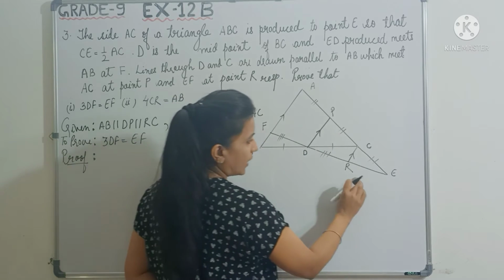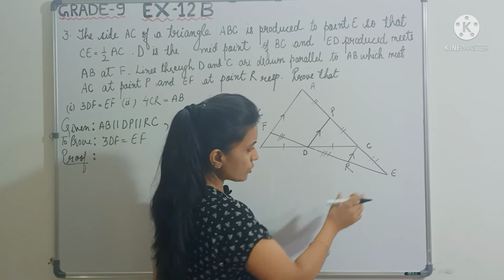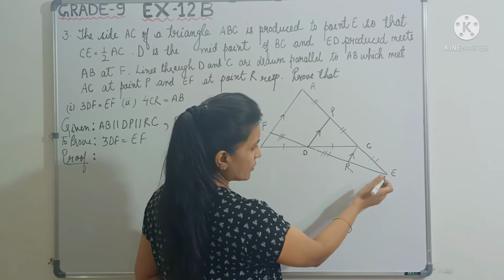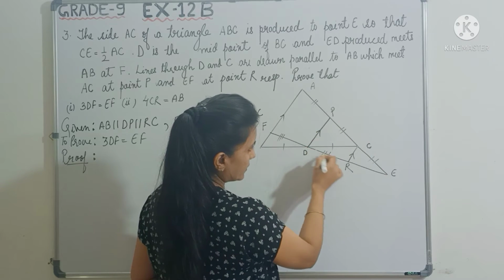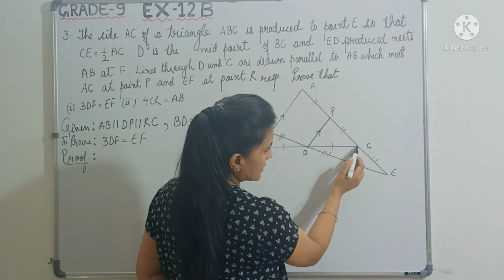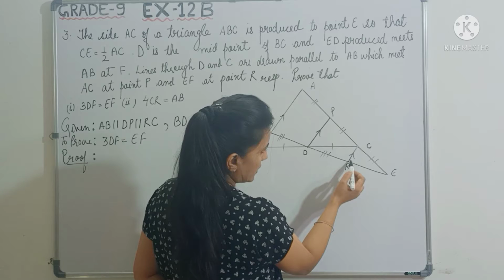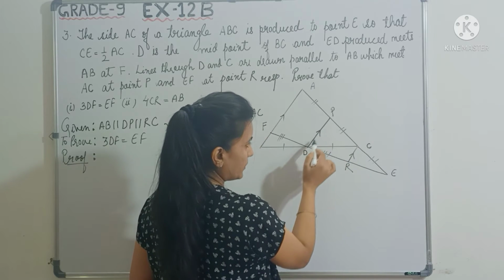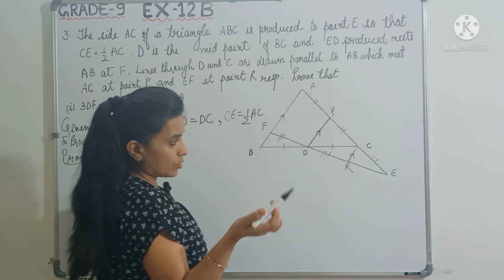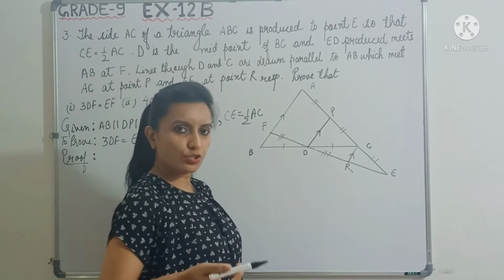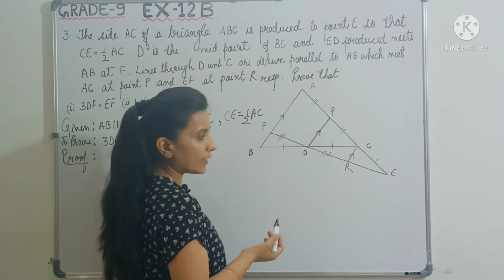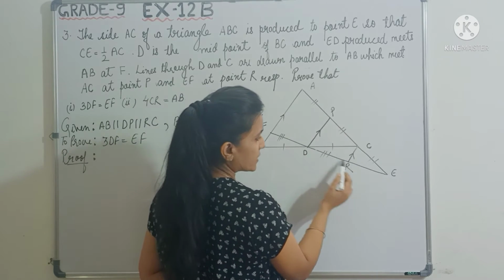Now what about RE? For RE, you can take triangle EPD, right? In this triangle, C is the midpoint of EP, and CR is parallel to PD. This is given. So again, you can use the converse of the midpoint theorem and conclude that CR will bisect DE.